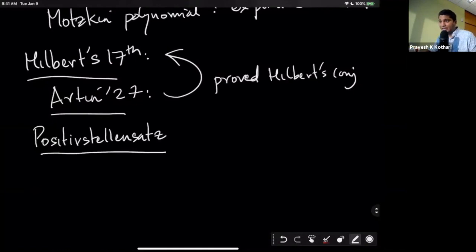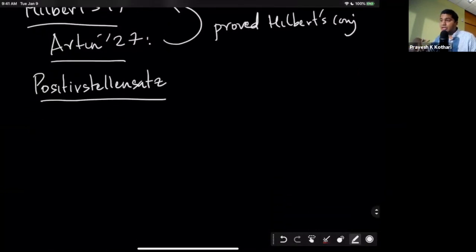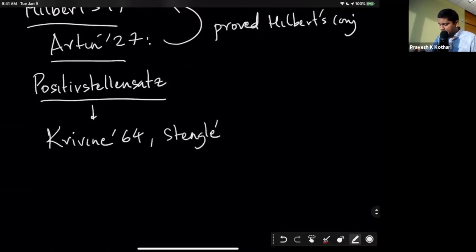Artin basically solved the question over unbounded domains. Over the years, these have been refined to work over more and more general domains. When we go to the general SOS machinery, polynomials over general domains, we're going to use generalizations of Artin's theorem, in particular due to Quillen in about '64, independently due to Stengle in '74, who didn't know of Quillen's result.